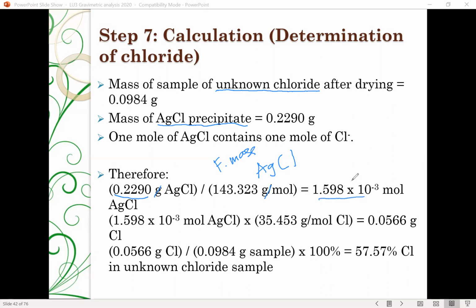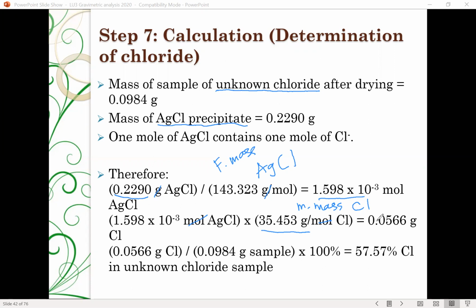Then you use this value to get the mass of Cl. This is the molar mass of Cl. From there you can cancel mole, and you get the gram of Cl. So this is how much chloride you get in your precipitate. We are using the mass of the precipitate to determine how much chloride we have in the precipitate.